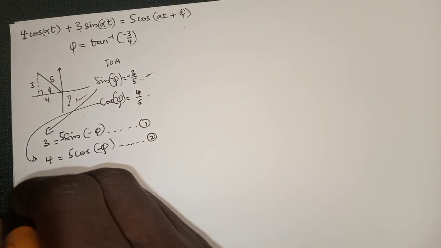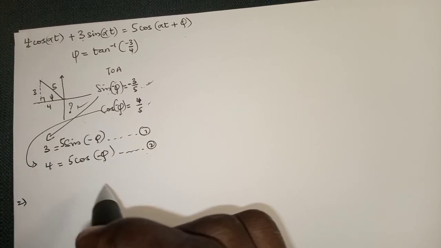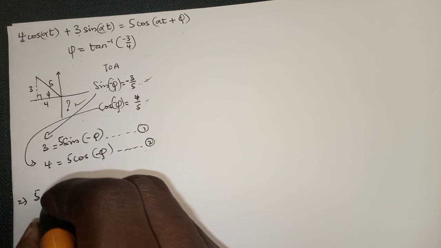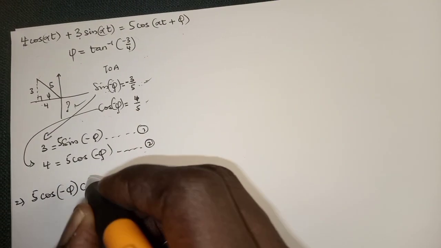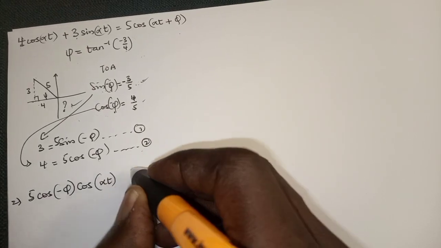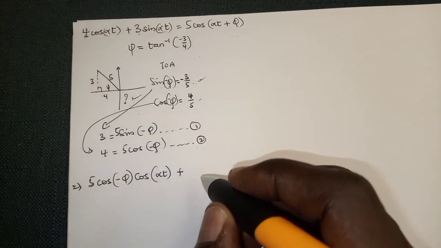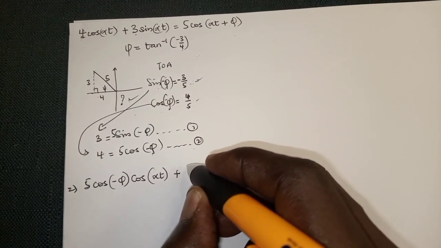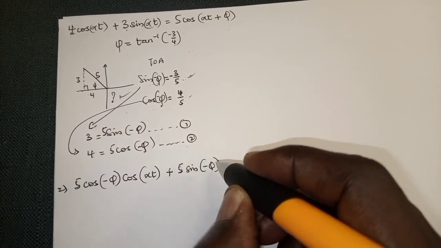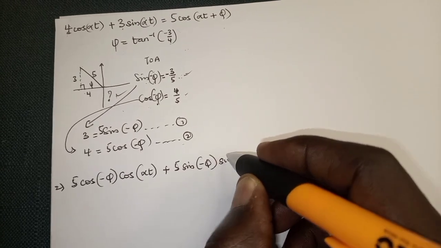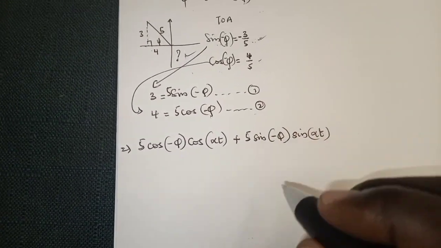This implies that instead of 4, we put this, so we have 5 cos negative phi, then cos alpha t, plus, instead of 3 we put that, so we have 5 sine negative phi, sine alpha t.